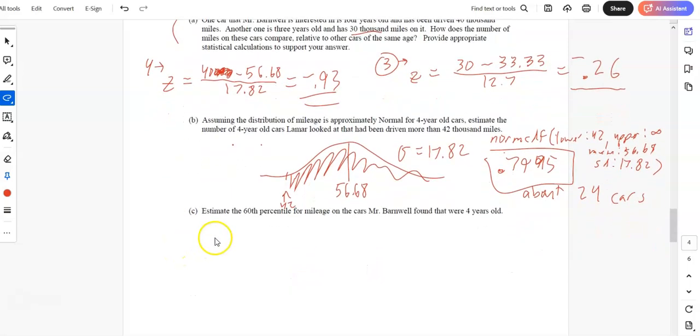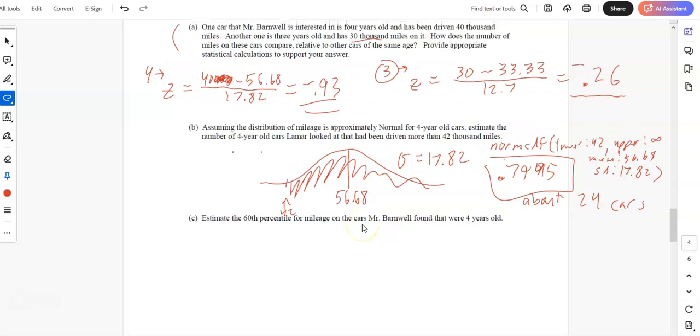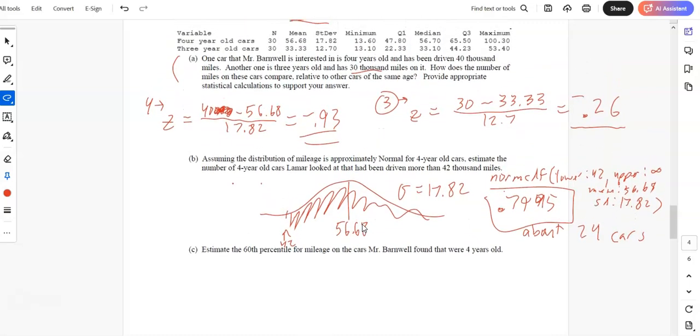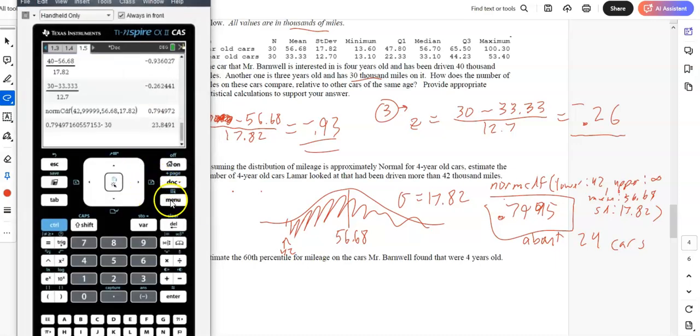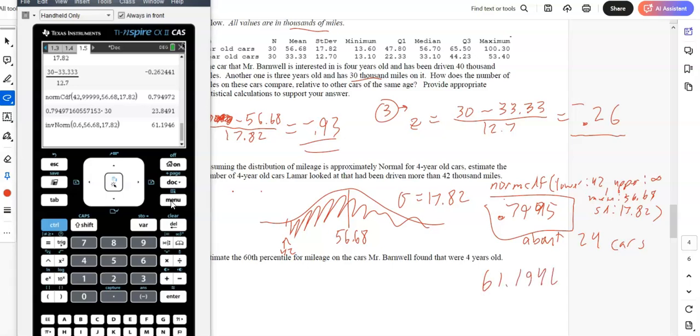Estimate the 60th percentile for mileage on cars that were 4 years old. So again, we're looking at the 4-year-old ones. So the command we need when we start with the percentile is going to be menu 653, which is inverse norm. Type in the percentile, which was 60, so 0.60. The mean was 56.68, and the standard deviation was 17.82. Should do it for us. 61.1946.